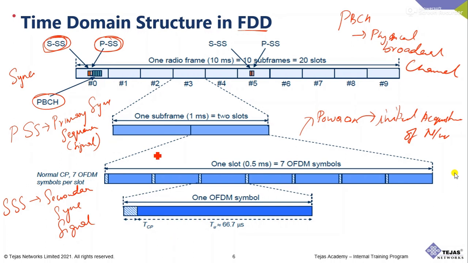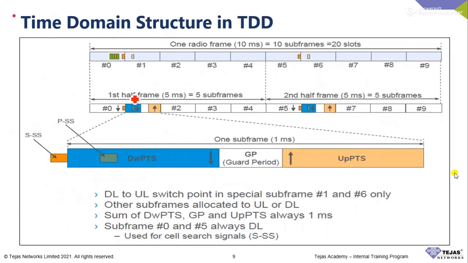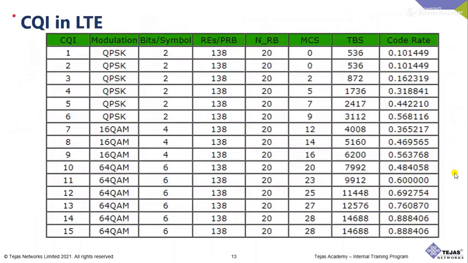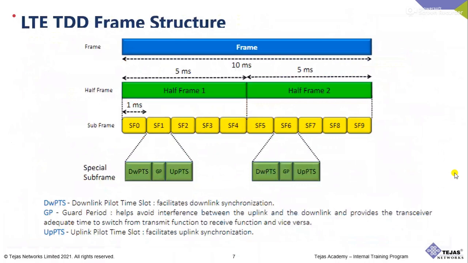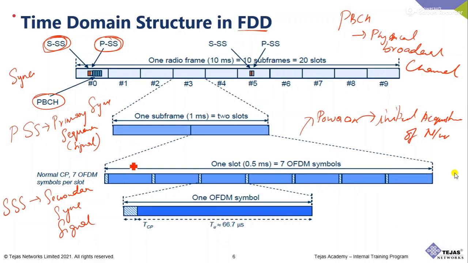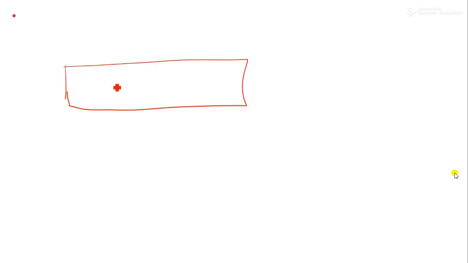PSS means what? To understand this, I think whether the positions have been mentioned, I'm just checking here. Okay, it's not there. I'll come to this. Now, how do this PSS and SSS come? I will just take a whiteboard and write it here. So if we consider, let's say, 7 OFDM symbols, 0, 1, 2, 3, 4, 5, 6.